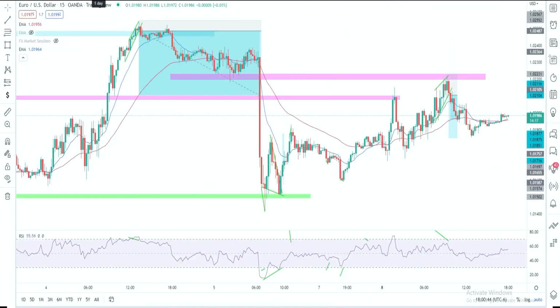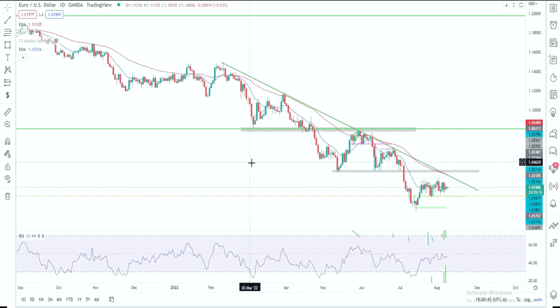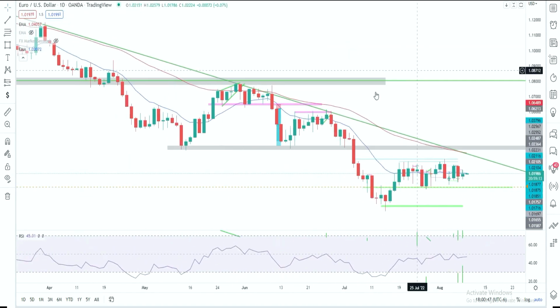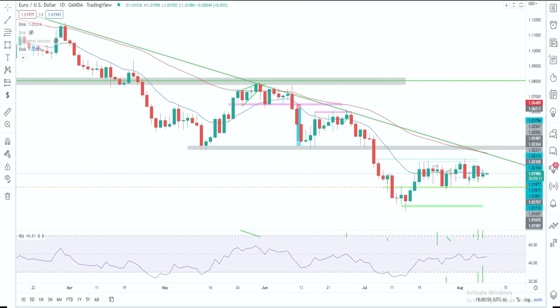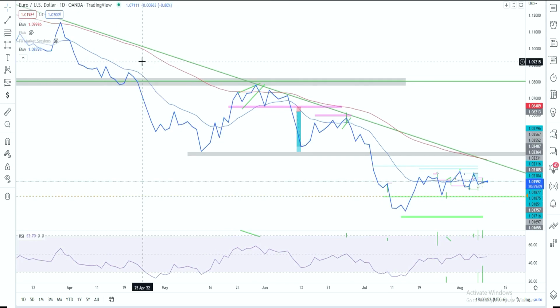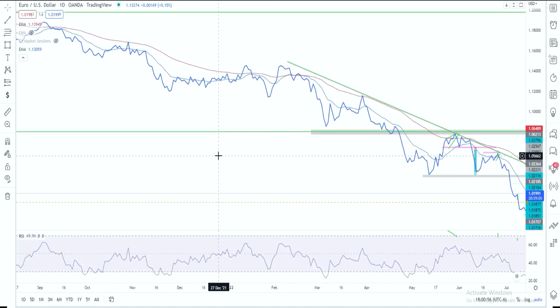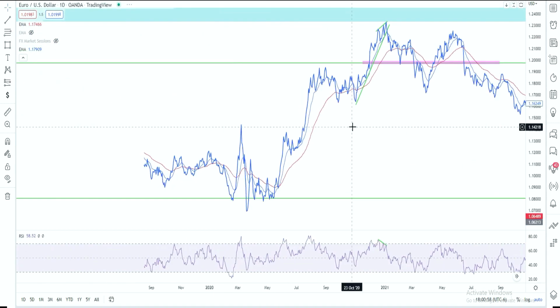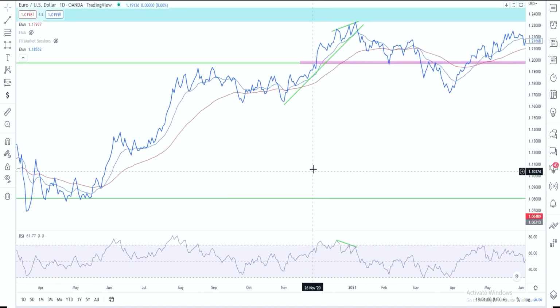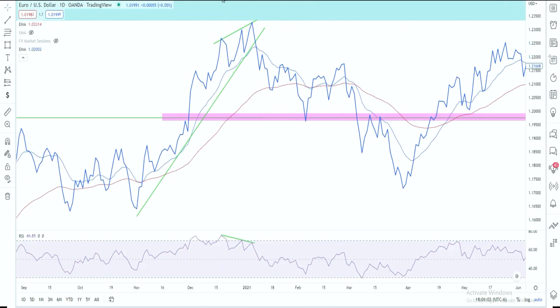Okay, and let's go out to the daily. Let's find our divergence here at a daily area.